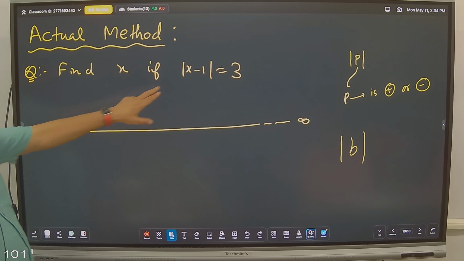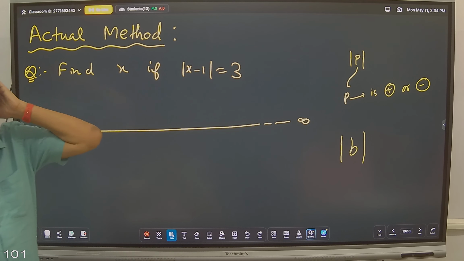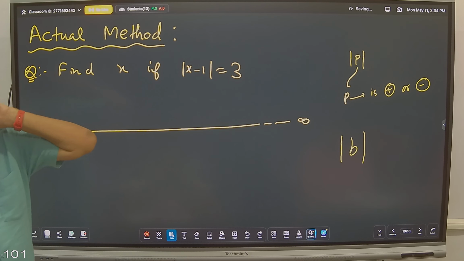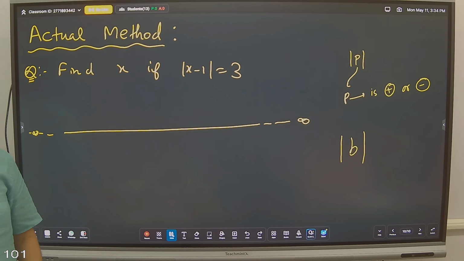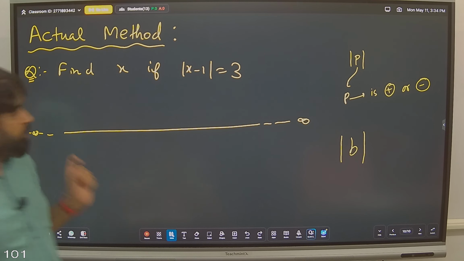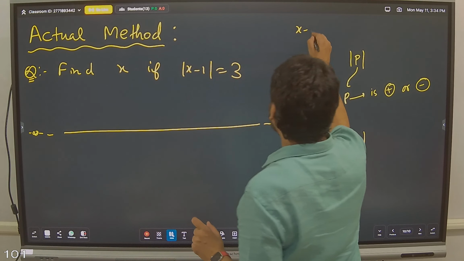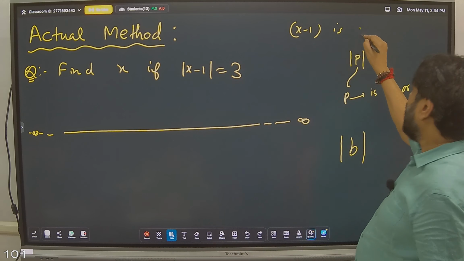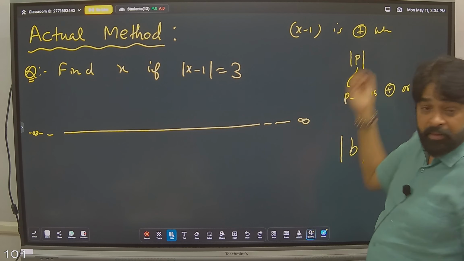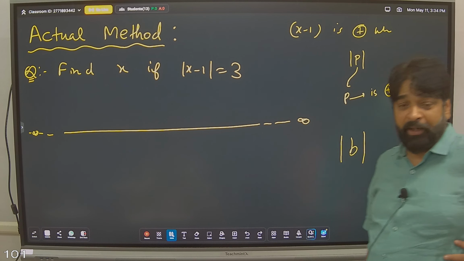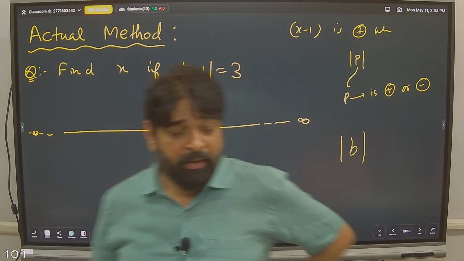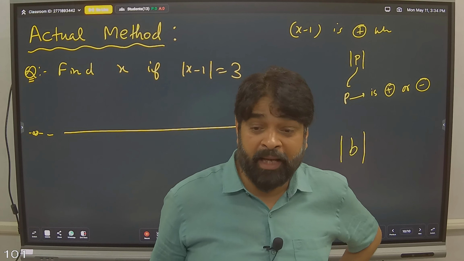X minus 1 will be positive when X is greater than what? X minus 1 is positive when X is greater than 1. X minus 1 is negative when X is lesser than 1.